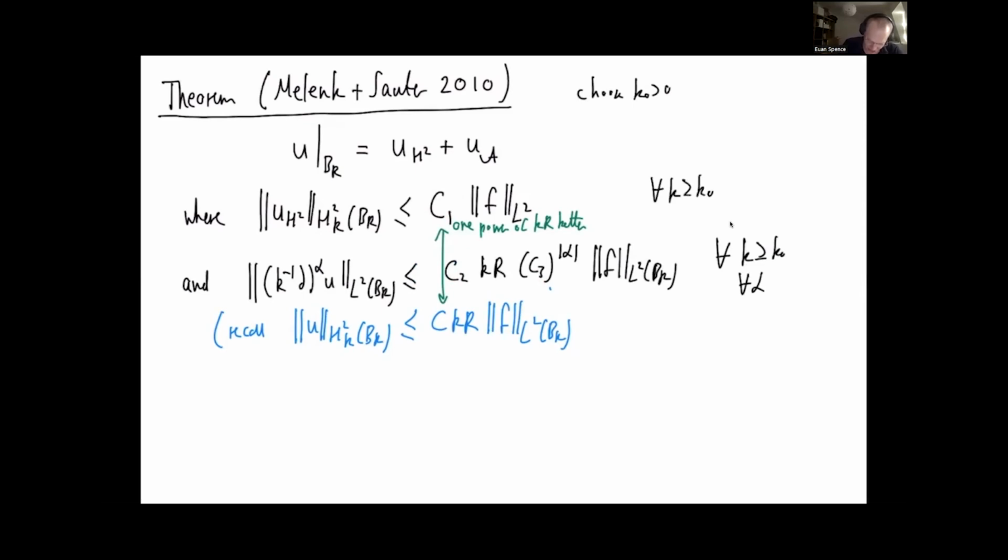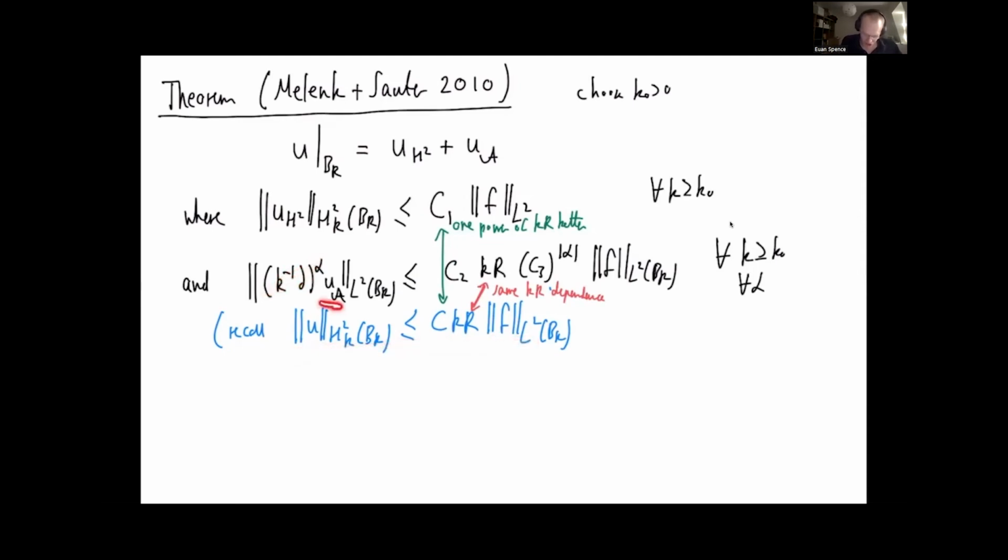And you see now, this creature here, U_A, has the same KR dependence. If I just put alpha is 0, or alpha is 2 even, this is exactly the same bound as here.